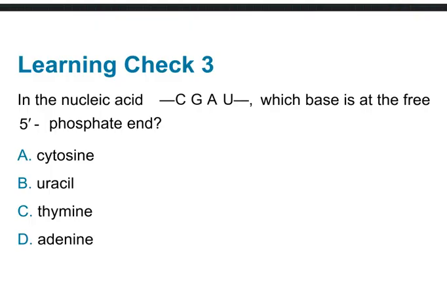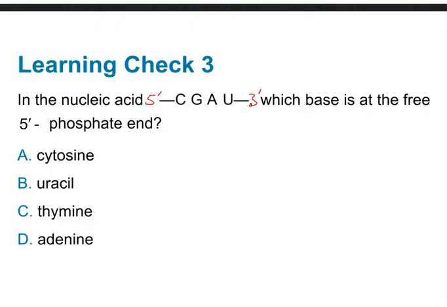So when we write, now hear me out, we're not going to go through that learning check. When we write the sequence, it's a convention. We write it so that the 5' end is on the left, the 3' end is on the right. That's it.